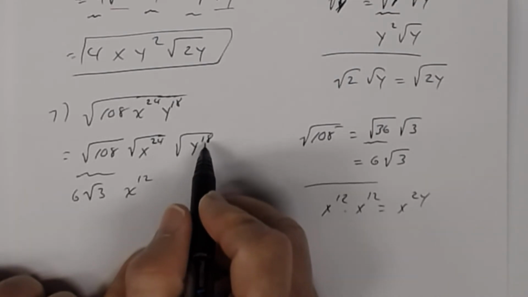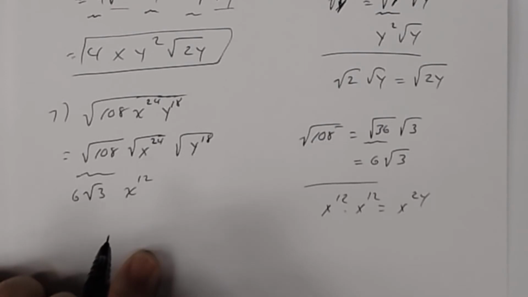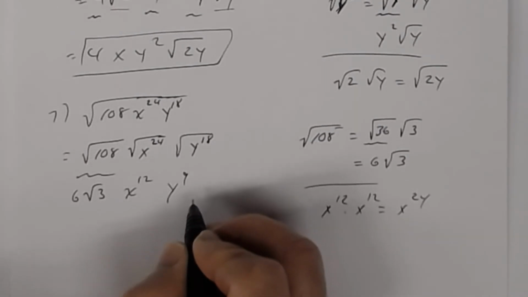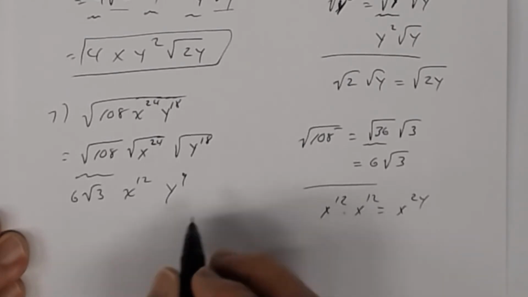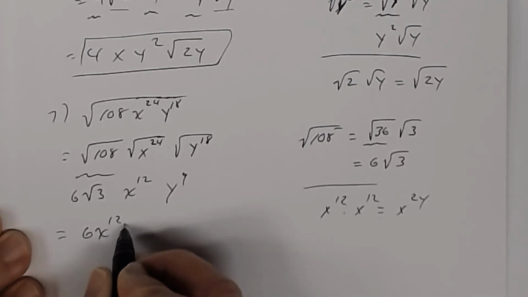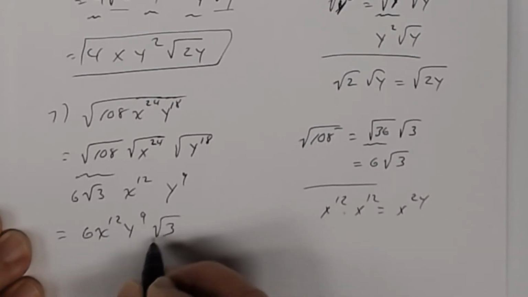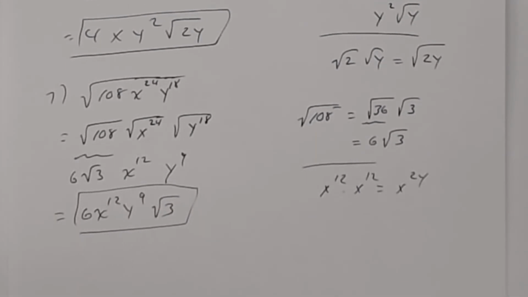That's a nice one, right? 18 is divisible by 2, so that's 9. But how do I write the answer? Here's how you have to write the answer. Put the radical on the outside. So this becomes 6 x to the 12th, y to the 9th, times the square root of 3. That's how we prefer the answer be written. Put the radical on the outside.